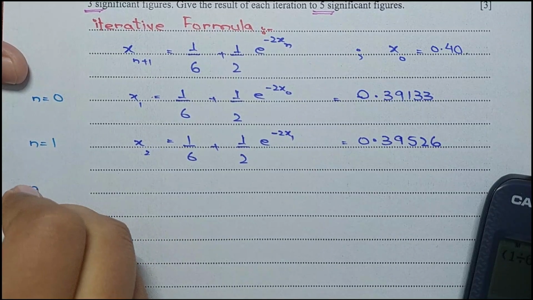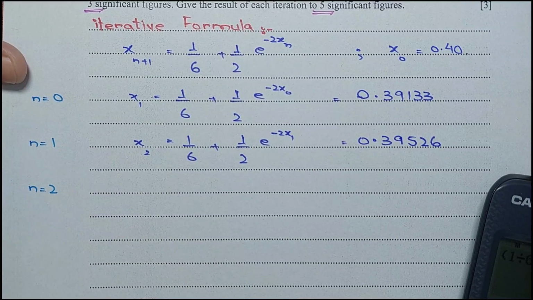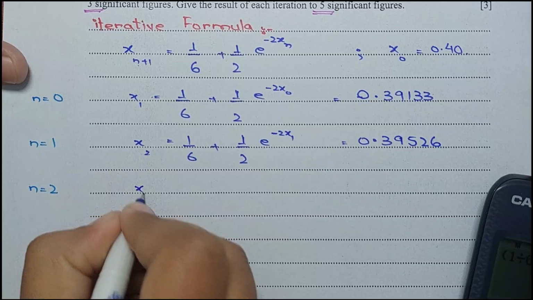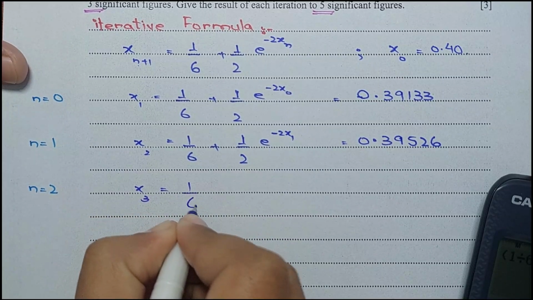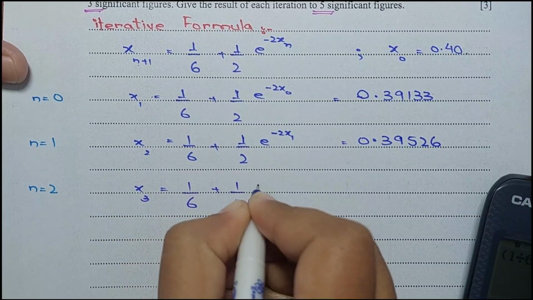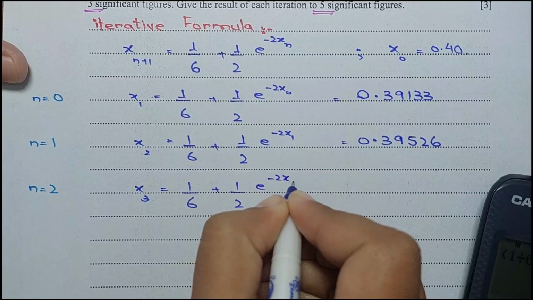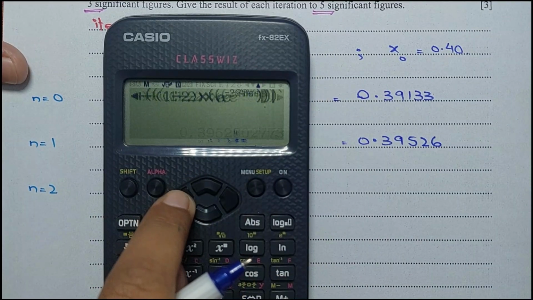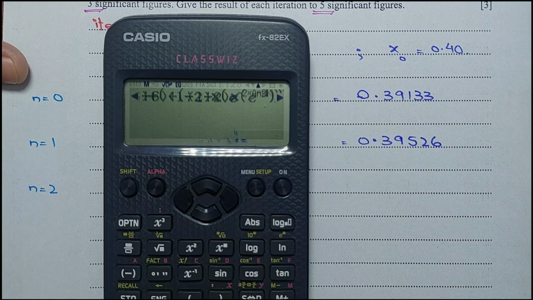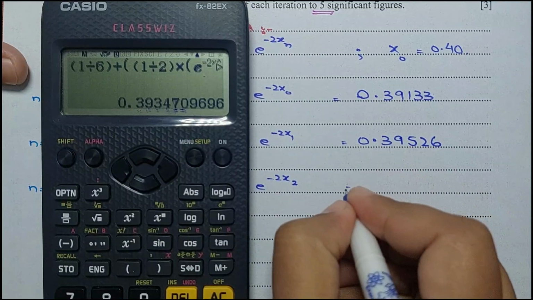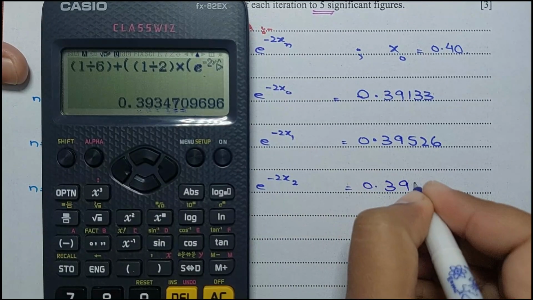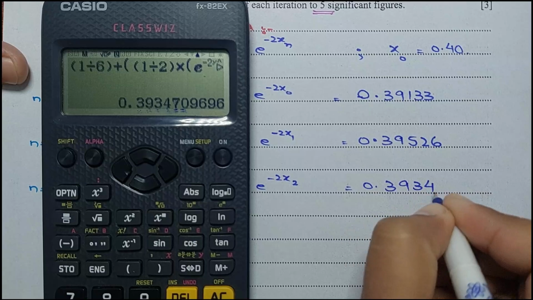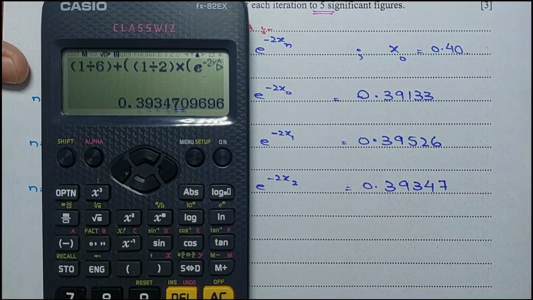Next iteration, when n is 2, 2 plus 1 is 3, x3 is 1 over 6 plus 1 over 2 e to the power minus 2 x2. This is your x2. 0.39347. Yes.